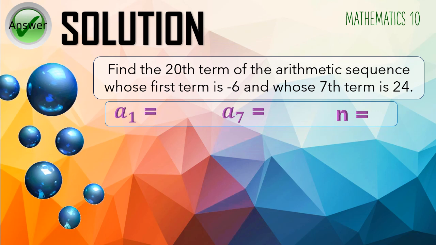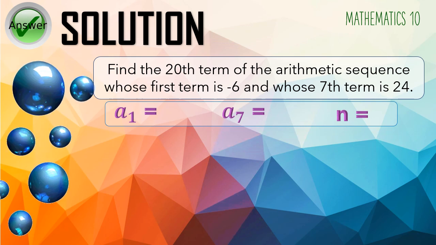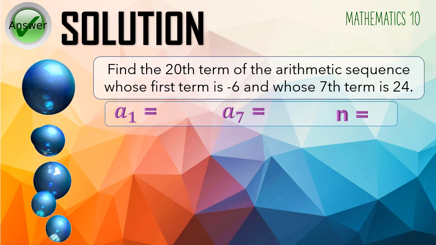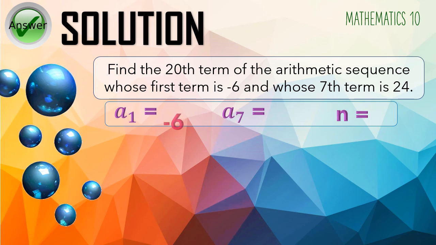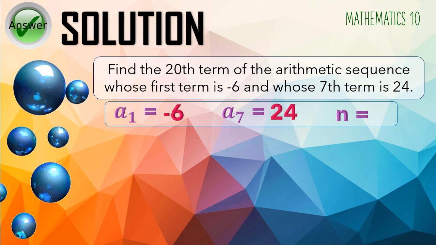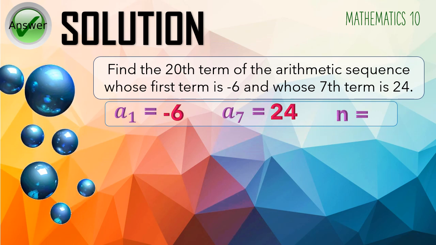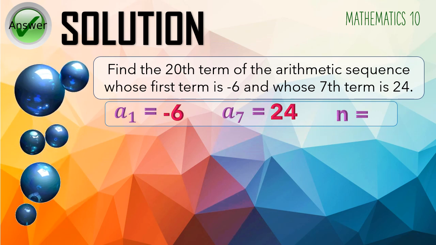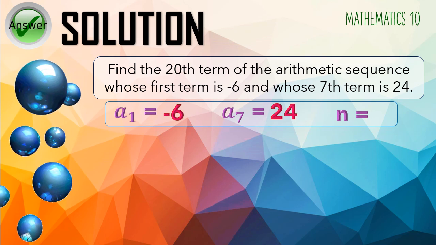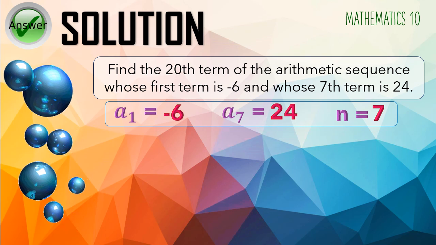So I'd like you to focus first on the first term given, the 7th term given, and of course the n. Getting the data from the problem, we have negative 6, 24, and since we are going to assume that the last term is the 7th term, for now let's have n equals 7.